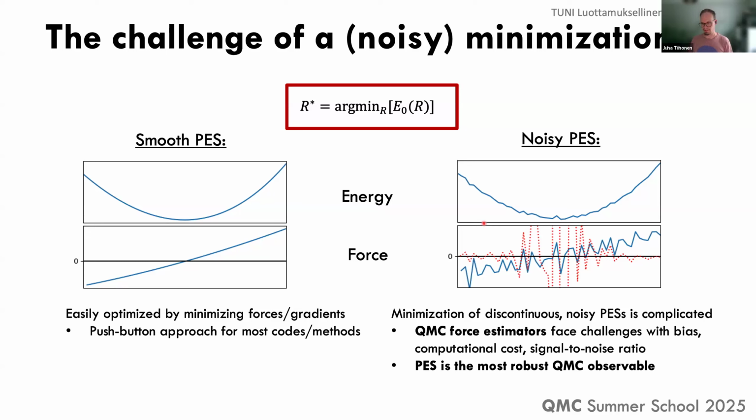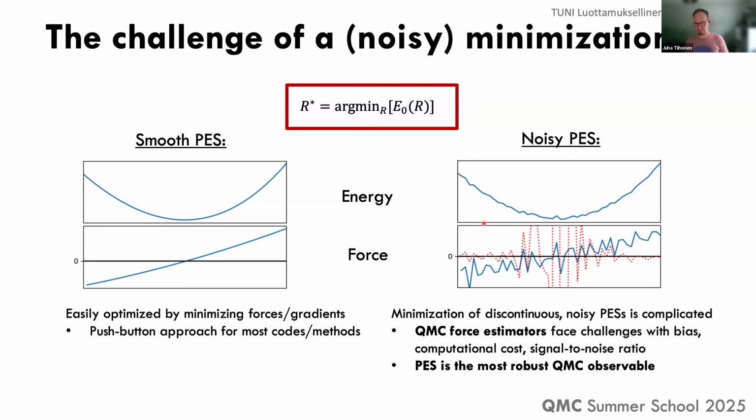There's a lot to say about this, but I'll just skip through and mention briefly that there are QMC force estimators, and there have been for quite a while actually, and impressive science has been done based on them. And to be honest, forces are the most straightforward and simple way to do geometry optimization.